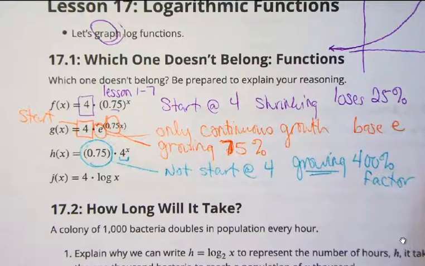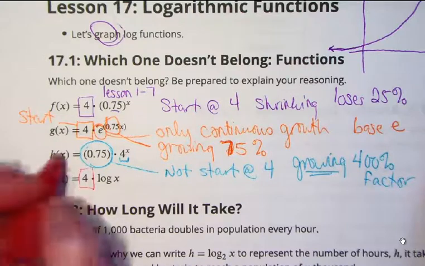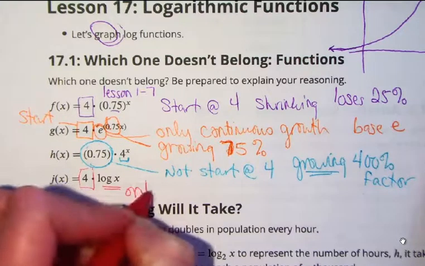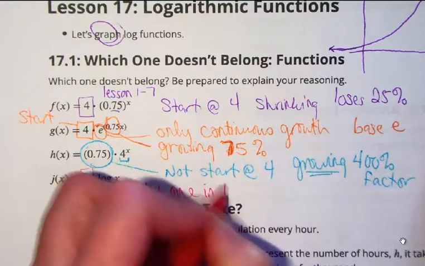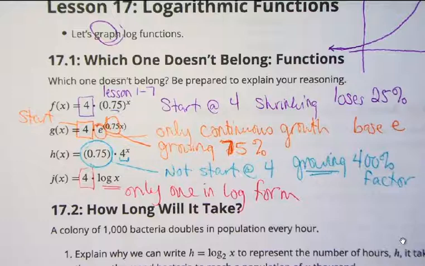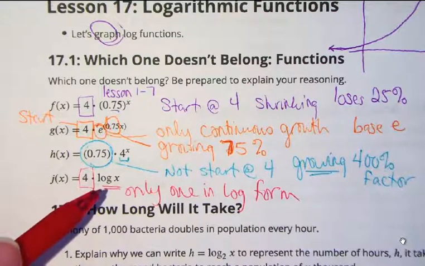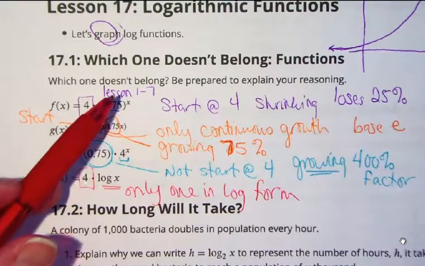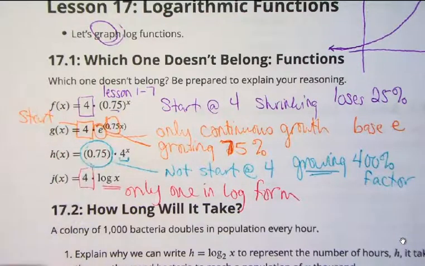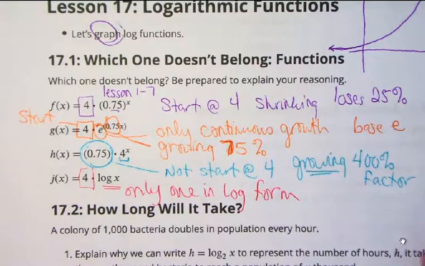And our final one, our equation here, still has that kind of starting at 4 thing, but this is the only one that's in log form. And this one gets a little bit more challenging to read because our output is of course going to be our exponent. We've got log base 10 of x, and for our different x's we're putting in, we're no longer using x as an exponent, so we're not putting in values in the exponent. Here we're putting in x's for the value, and we're trying to calculate the exponent.